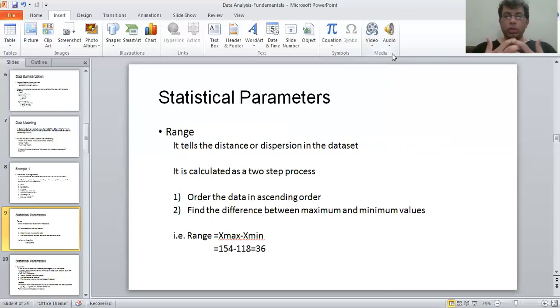So to calculate the range in the data set, we find the difference between the maximum value of x and the minimum value of x. If we indicate the maximum value with x max and the minimum value with x min, then x max minus x min, which is 154 minus 118, that is 36, is the range in the data set.